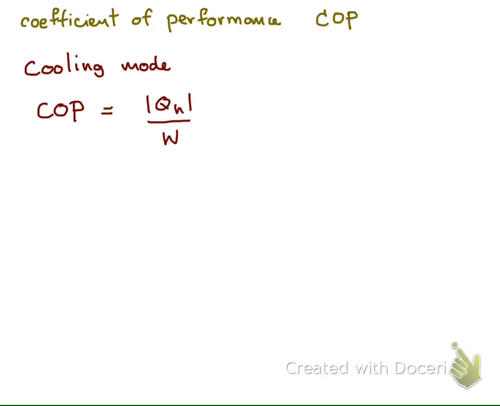So this is the cooling mode. The efficiency is the number that tells us how much heat we can take away from the cold region compared to the input mechanical work that we have to give to the engine.